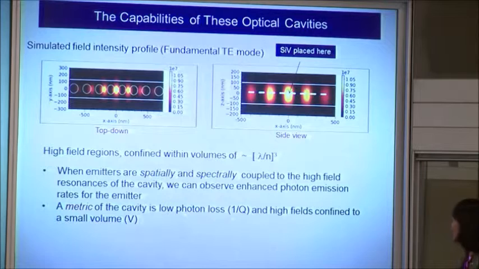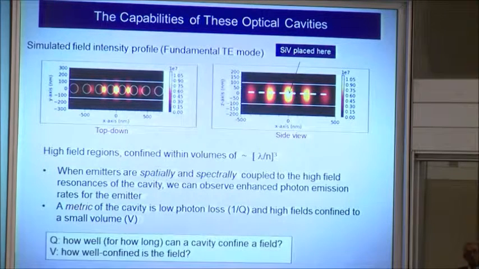So this low photon loss is something called 1 over Q, and you'll see this parameter again. And very high fields confined to the high volume. So you want a very high electromagnetic field confined in a very small volume, and you want to make sure that this entire amplifier doesn't lose photons, that it keeps the photons that come into it.